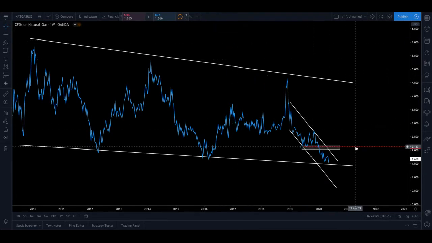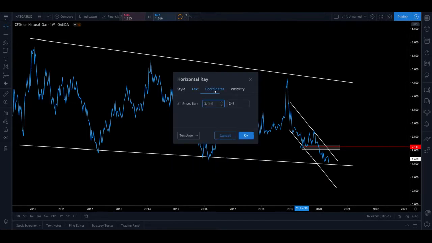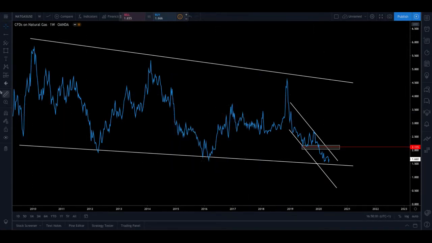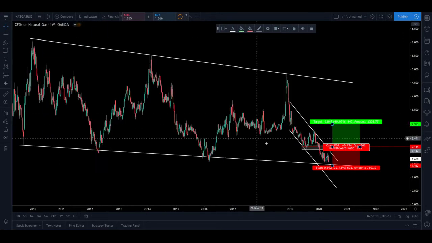So this is the price, so I'll just edit this. Give me a moment. Coordinates, we'll add a 5 at the end. So 2.115. A break of this structure and maybe even a retest of it. We could look for a long, with a stop loss just below, so we can go back to candles now.